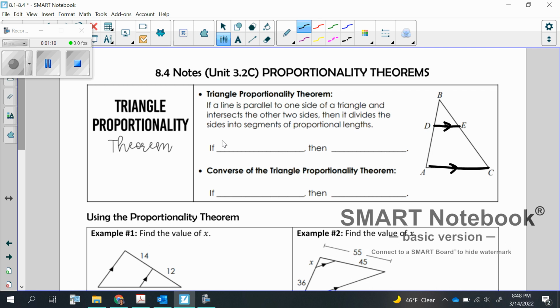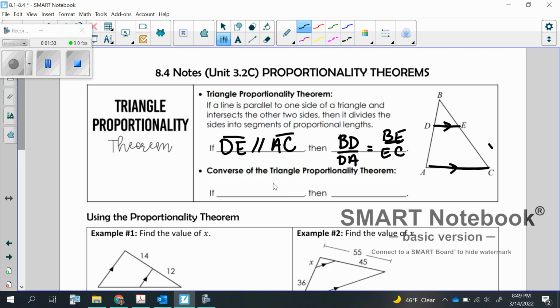So we say if DE is parallel to AC, then we can say that BD over DA is equal to BE over EC. So we no longer really have to do part over whole. We could just say, okay, the top over the bottom, top over the bottom. Okay.